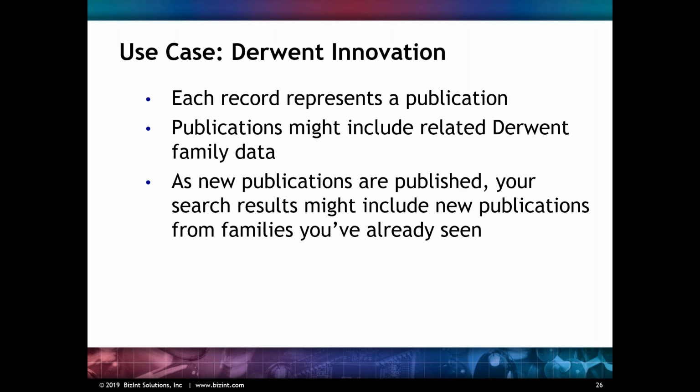Now, a second use case is around Derwent Innovation or databases like that, which are organized at the publication level. One of the challenges when you're working with searches on Derwent is that you can get back a different result. The document that you get back from a search may vary depending on what's published. So last month, you might have picked up a US application.